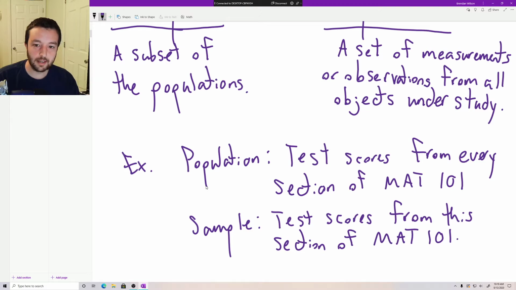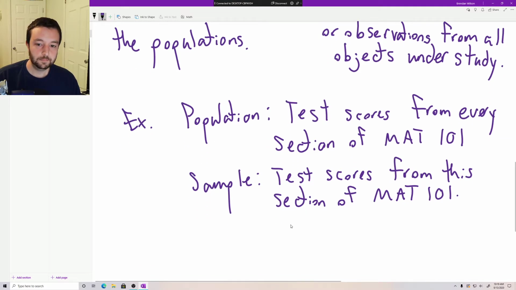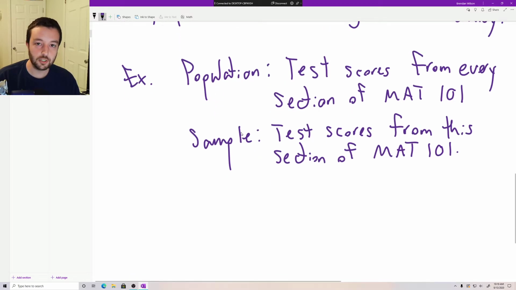So they only ask a sample of people, right? They ask however many people they determine is big enough. They ask that many people, and then they use that to guess how the population is going to vote. So the sample is included in the population. The population is bigger than the sample. Okay.